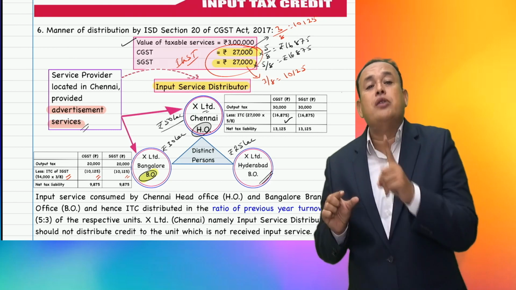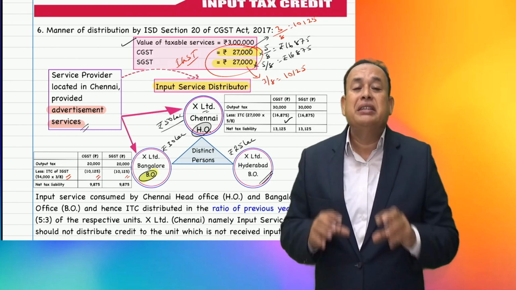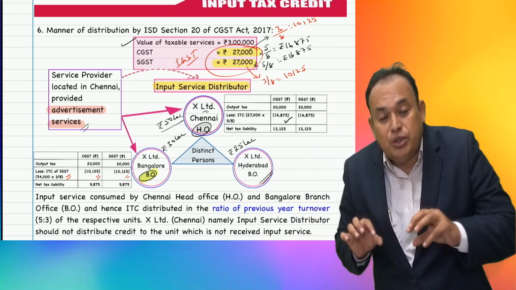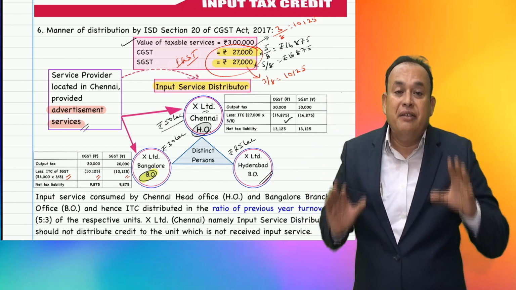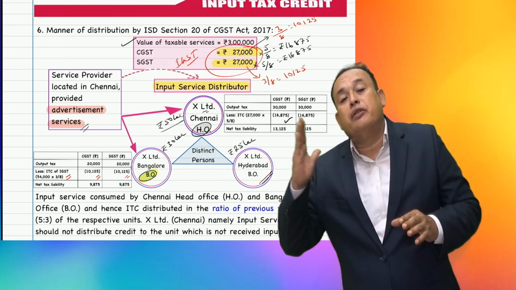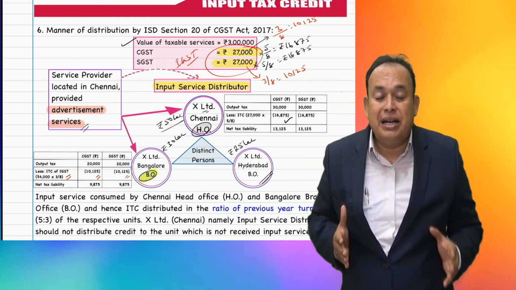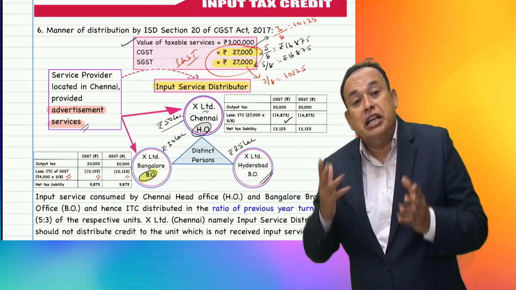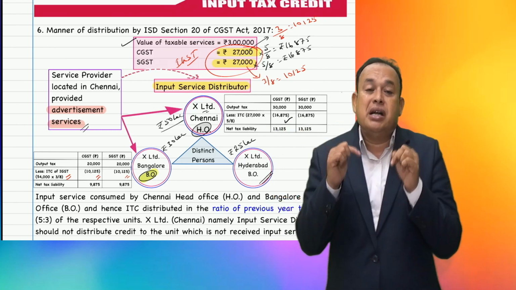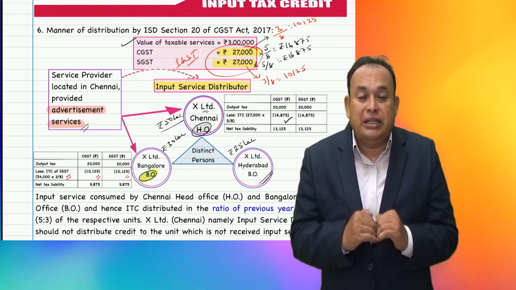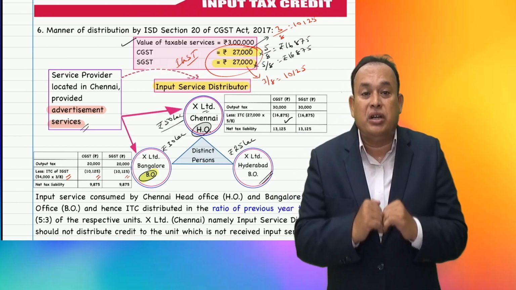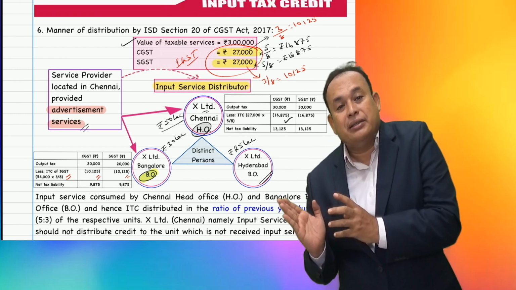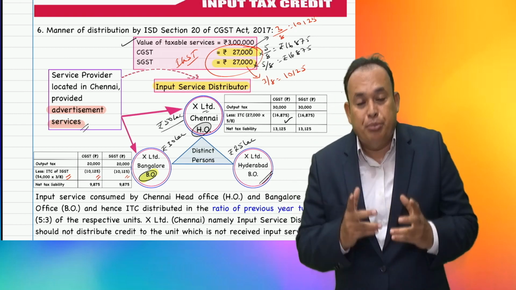That quarter's turnover will be the base to apportion this common credit between those units which have received the input services. In the event the previous year turnover is not there, in our example, current year 23-24, previous financial year 22-23, if that turnover is not available, then in the current third quarter, while distributing the credit, take the immediately preceding quarter turnover as a base and distribute the credit.